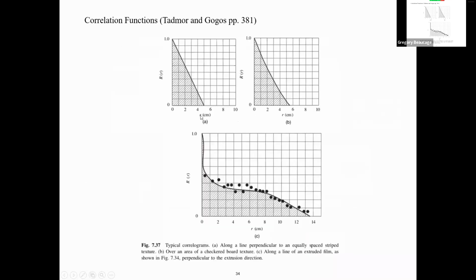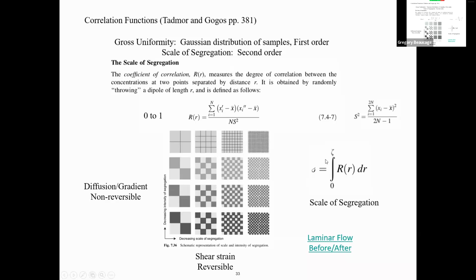It's going to look like this, some function R of r, and you're increasing the distance that you're looking at. So you can tell some things: this is the size scale here, there's a size scale down here. This is the width of one stripe, and this is the distance between stripes, say. So you can analyze the R of r curve if you want, but if you want to know how segregated, you integrate R of r and you get the scale of segregation, which has units of r.